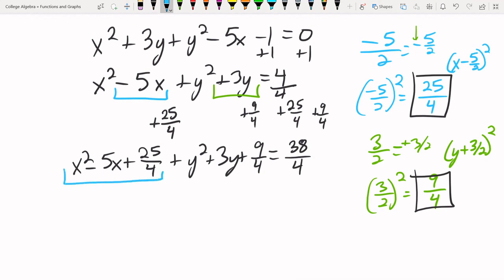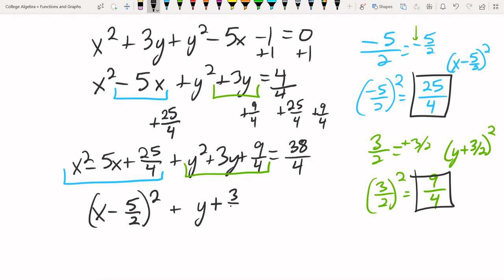This is going to be factored down, and this is going to be factored down. We get x minus 5 halves squared plus y plus 3 halves squared equals 38 over 4.